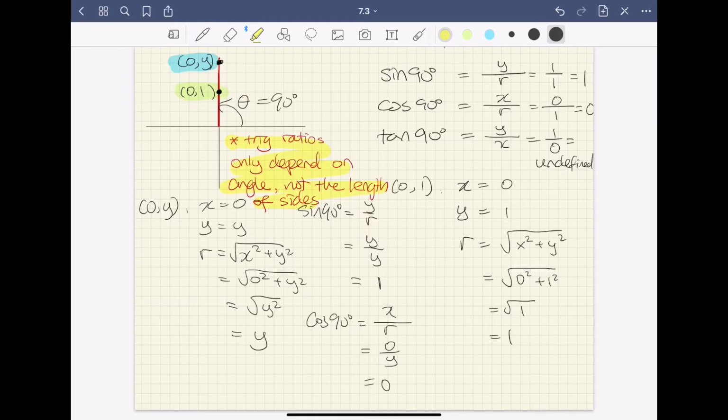Okay, so the trig ratios only depend on the angles, not the length of sides. So again, it doesn't matter which point you use on the terminal arm, they will always give you the same answers.